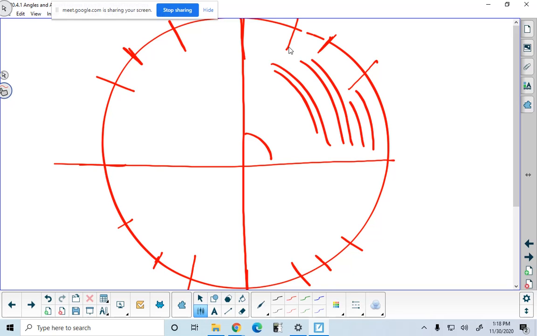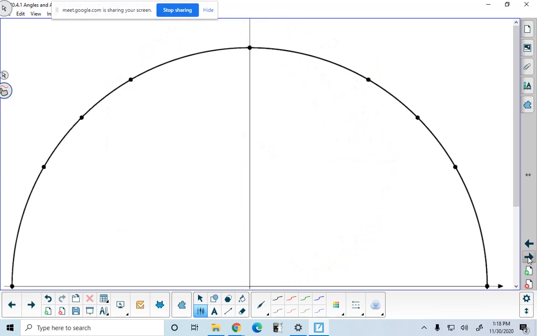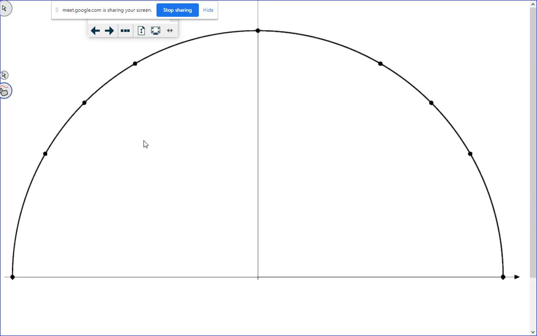So I'm going to go with the assumption that you have the sheet of paper there, and we're going to label all of the angles. And you need to be able to do this for many reasons. First of all, we want it to be in degrees and radians, so I'm going to put down here 0 degrees or 0 rads. I can put up at the top 90 degrees or pi over 2 rads, and I really don't believe it's a matter of memorizing that 90 degrees is pi over 2.